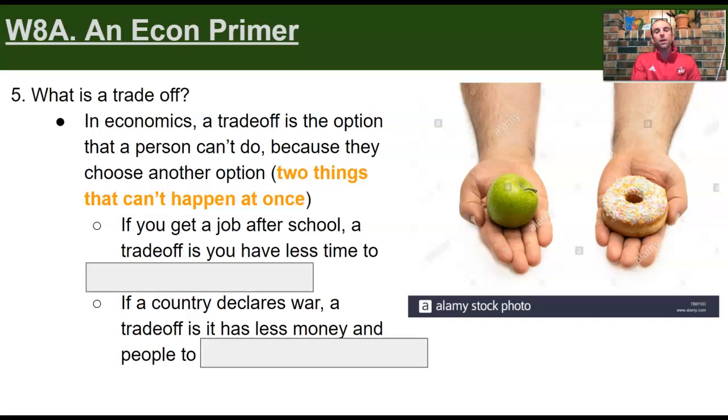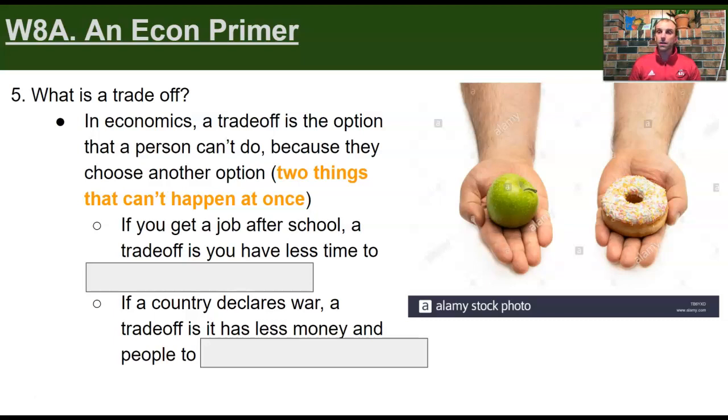If you choose to eat the apple, you can't eat the donut at the same time, right? So if you get a job after school, a trade-off is you have less time to, really, you don't need me to show you that box. You can answer that question, right? And if a country declares war, this is another example. So you have the microeconomic example: if you get a job after school, a trade-off is you have less time to do something.